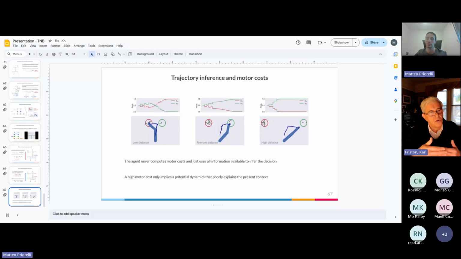You could say, look, I want to be in the kitchen drinking a cup of coffee. Then that basically entails a whole set of moves, different intentional states, until I get to the final goal of being in the kitchen drinking a cup of coffee. And you can then just deploy the expected free energy in the usual way to realize those preferred long-term outcomes.